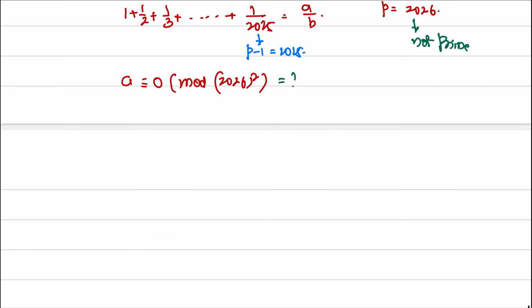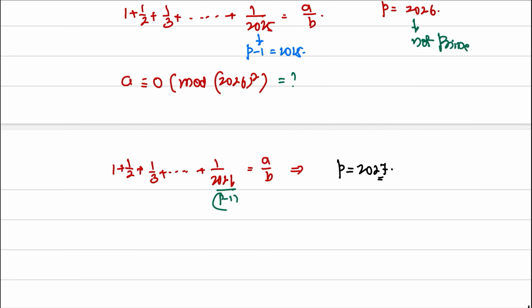Up to 1 plus 1 by 2 plus 1 by 3 up to 1 by 2026 is equal to A by B. Here 2026 is P minus 1. Then what will be the value of P? P is equal to 2027. Just check if it is prime.